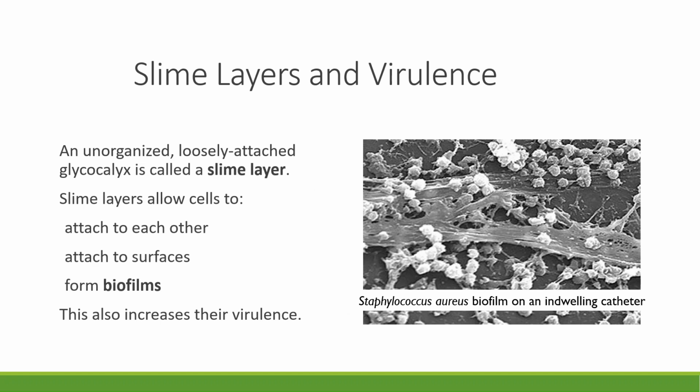For example, biofilms can form within a catheter, which prevents the organisms from being flushed away as they can attach better to the inner portions of that catheter. So it allows them to attach and grow on that inner surface. And this can actually occur in other parts of the human body and therefore can also increase virulence.